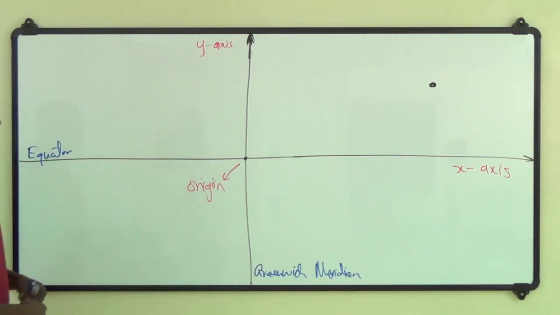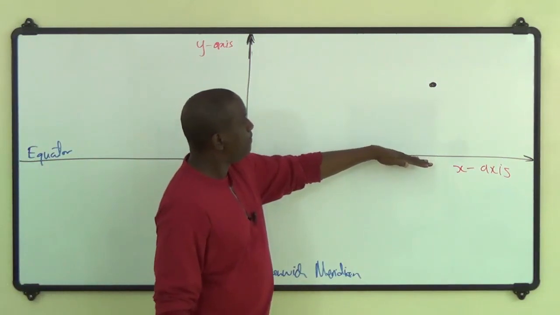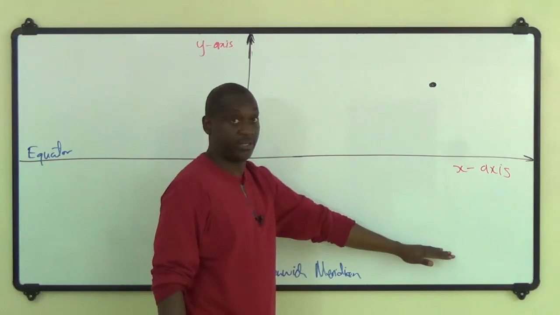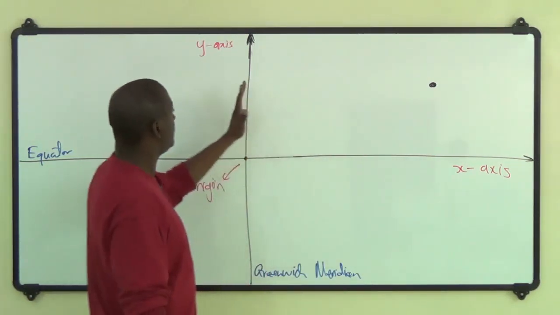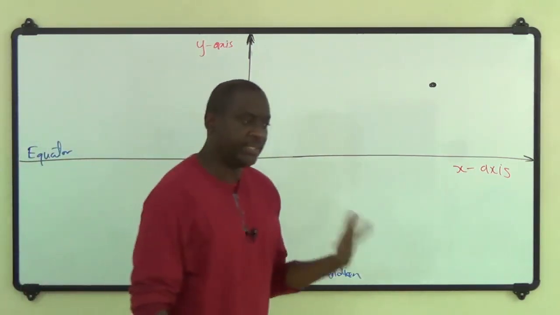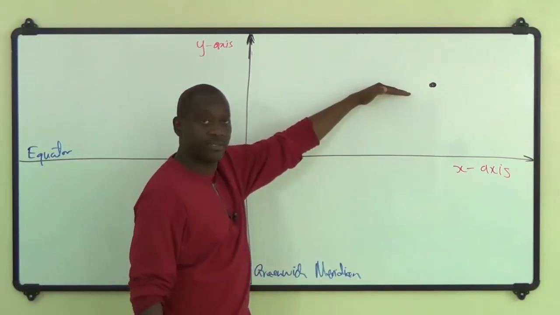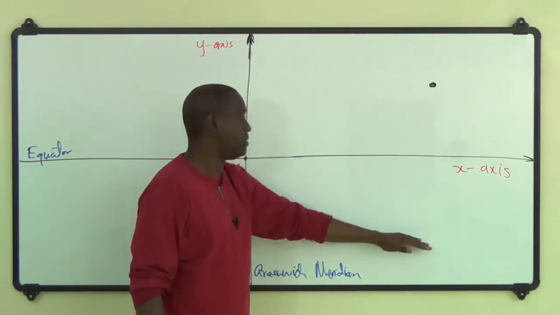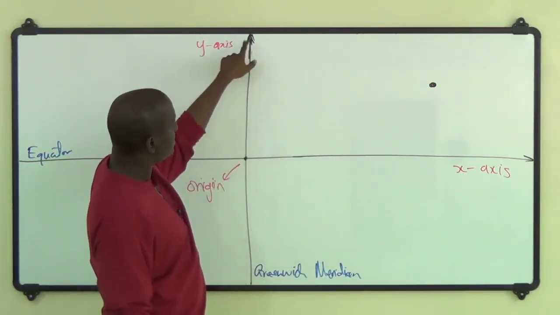All right? And the same way that you have north latitude and south latitude in geography, and you have east longitude and west longitude in geography, it's the same way, sorry, that you have positive x and negative x. No, sorry, positive y. Look at the direction of the arrow here.